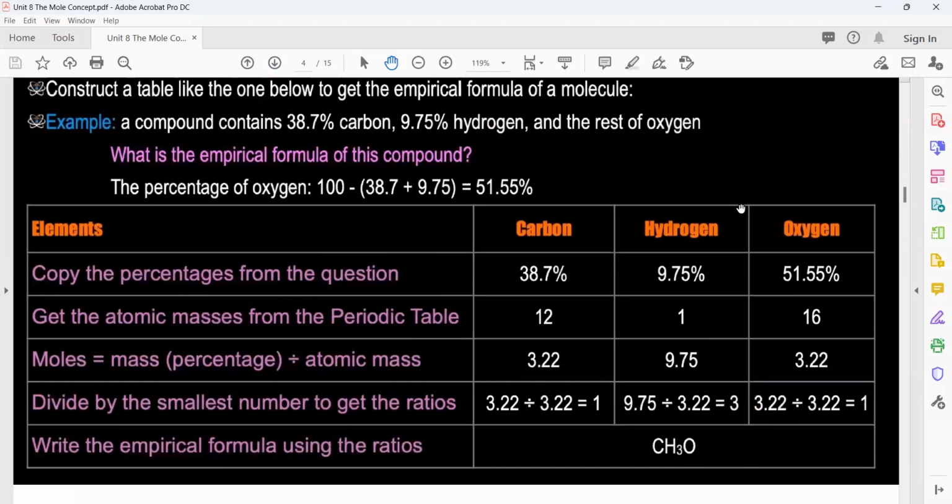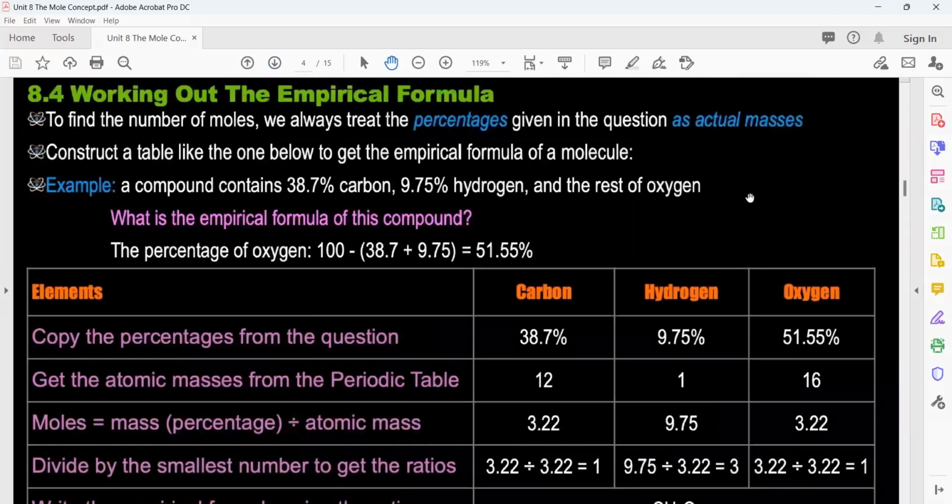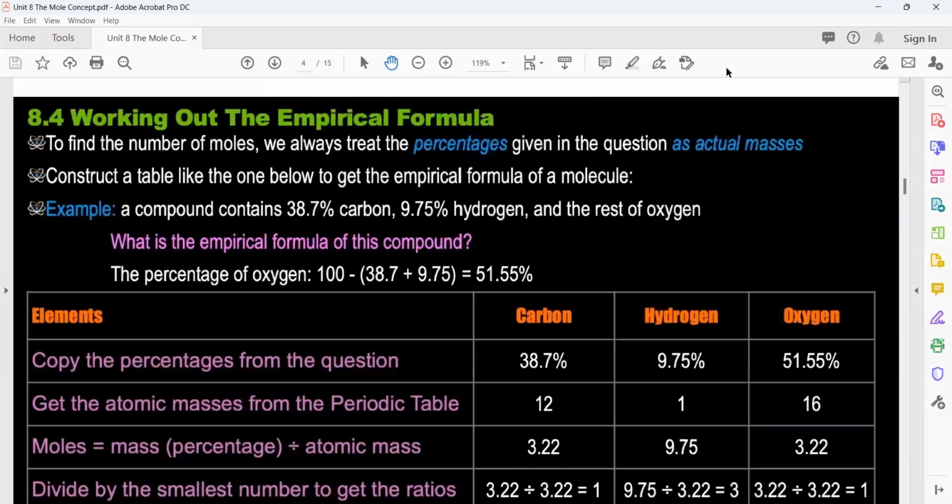Okay. Now, this is an easy question. Just you have to put some concentration. Now, in the exam, they will give you a situation. They will say to you that there is a compound. You don't know what the compound is. They just gave you a compound.